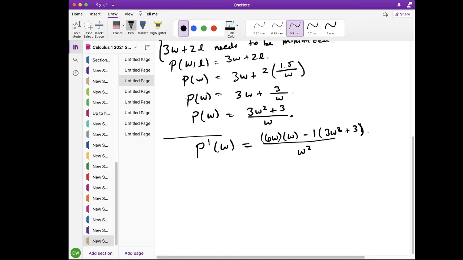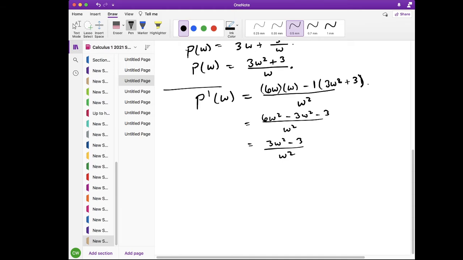All right, so this is 6W squared minus 3W squared minus 3, which gives you 3W squared minus 3 divided by W squared, or 3 times W squared minus 1, over W squared.